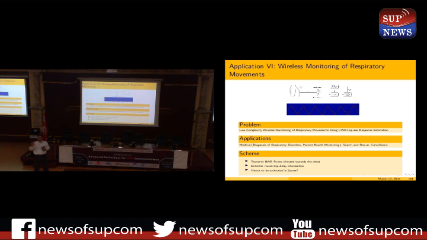Because of that, the reflection will not be the direct reflection. First of all, there is a reflection from the room, not just from his chest. And also his chest might not have a direct line of sight with you. Okay, so this is the second problem. The third problem is that there might be movement in the room. You could have the fan on, or the curtain moves when you open the window, etc. So you want to solve all of these problems.